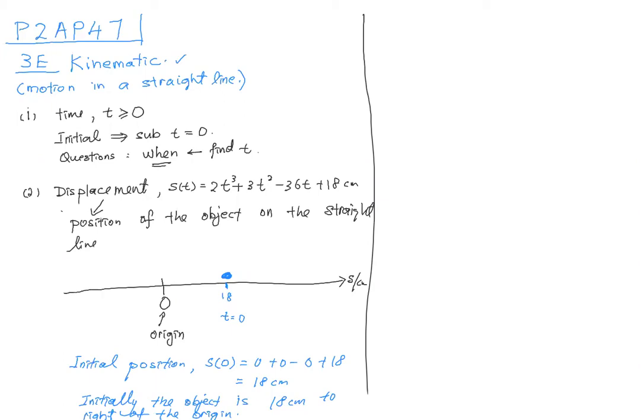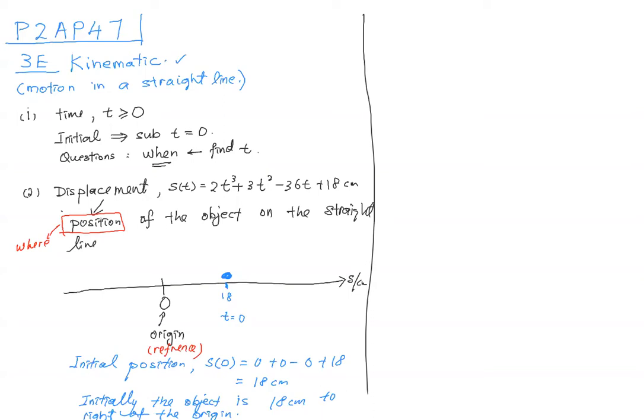If it's positive, it is at the right of the origin. So it gives me the sense of the position. I don't know how far it moved, I don't know how it moved, but I know where it is. Position means where, and this is the reference point. Are you clear? So far, any question about displacement?